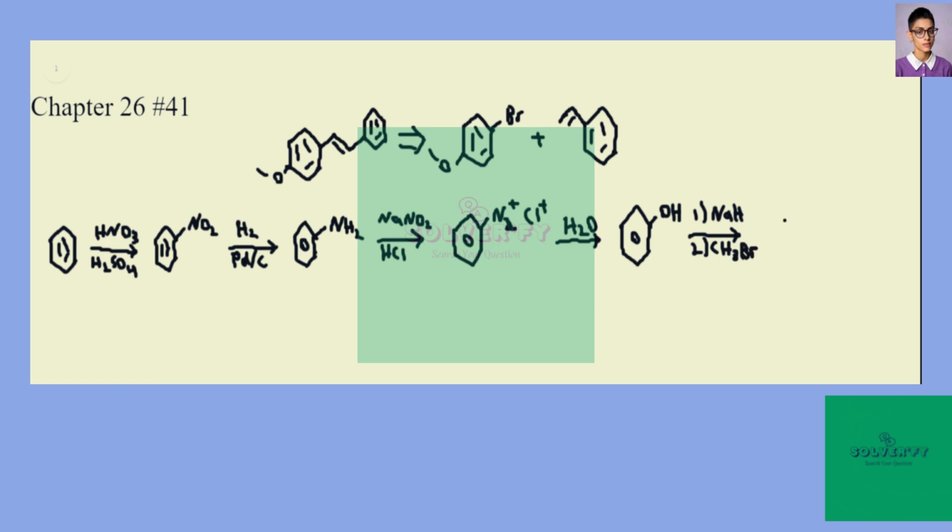And so that is going to get us the methyl ether here. Okay. And we should indicate methyl bromide is going to come from methanol treated with PBr3.